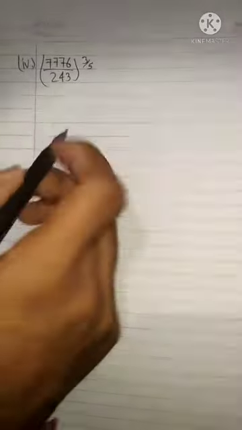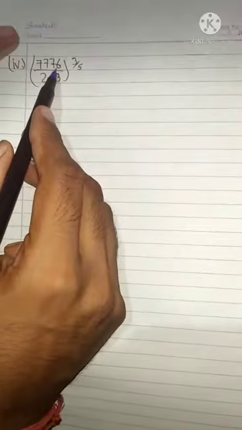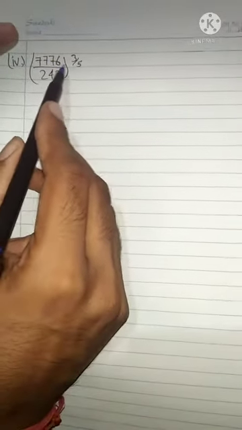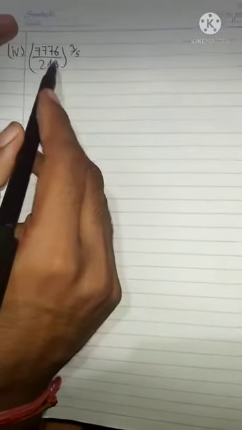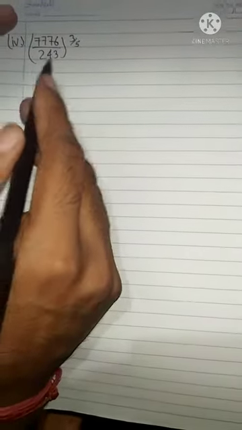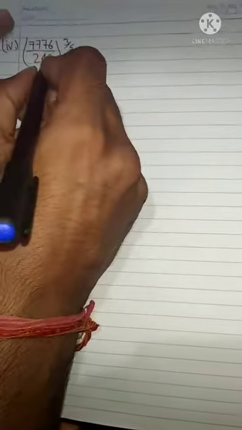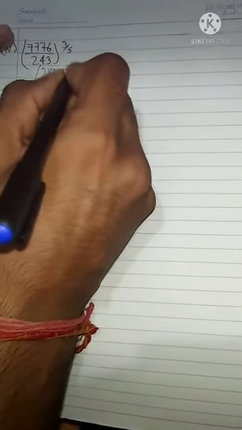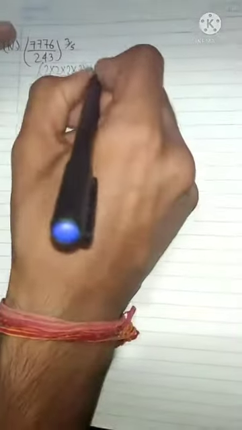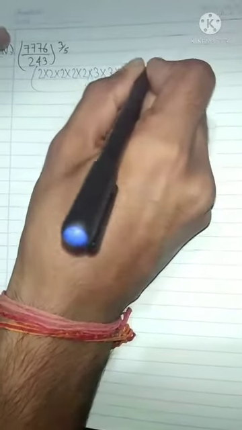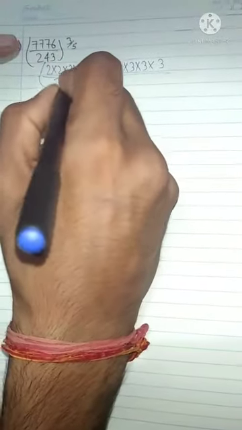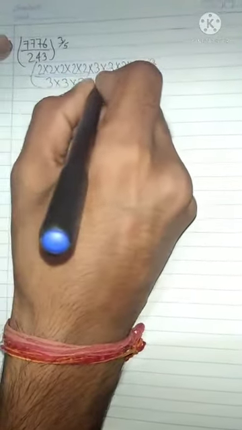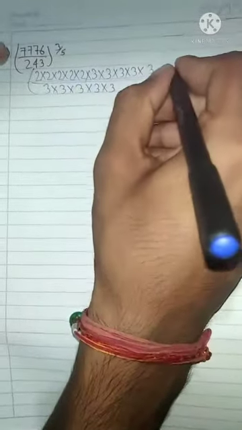Another question is (7776/243)^(3/5). First we factorize 7776 and 243. When you factorize, it comes 2 into 2 into 2 into 2 into 2, then into 3 into 3 into 3 into 3 into 3, and upon it, when you factorize 243, it comes 3 into 3 into 3 into 3 into 3, to the power 3 by 5.